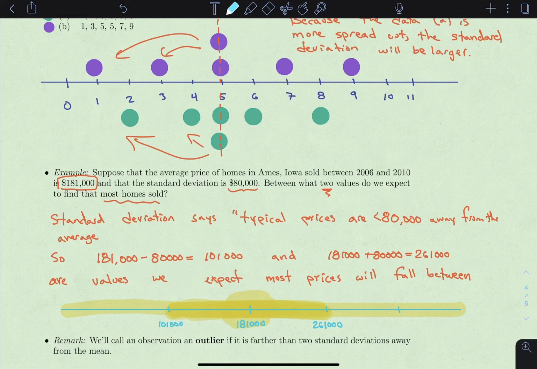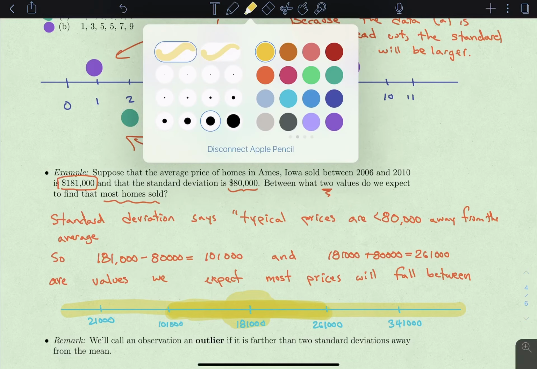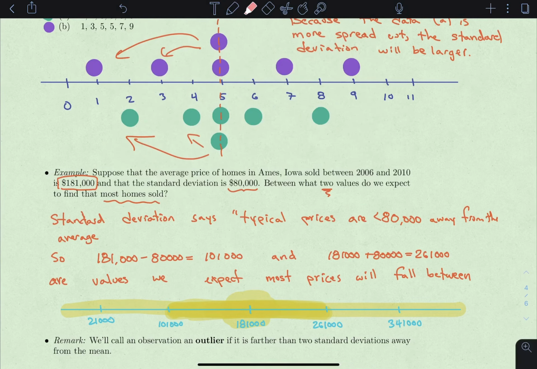So if we go even farther, to $341,000 or less, $21,000, then if the price of your home is larger than 341 or less than 21, that's what we're going to call an outlier. It's just a way to make a decision.